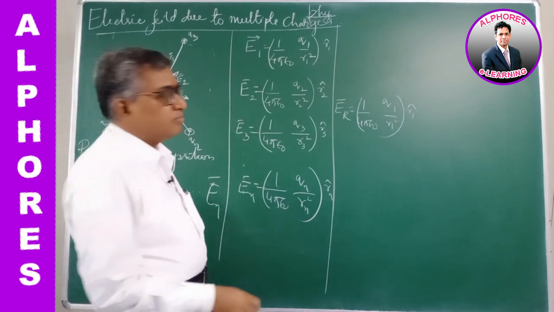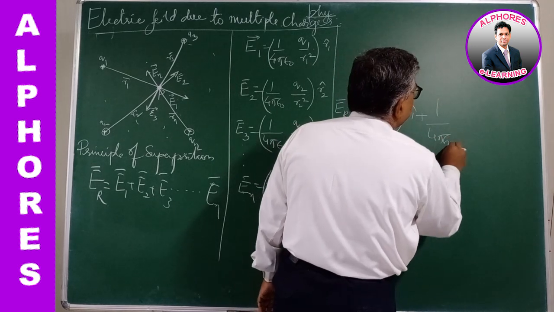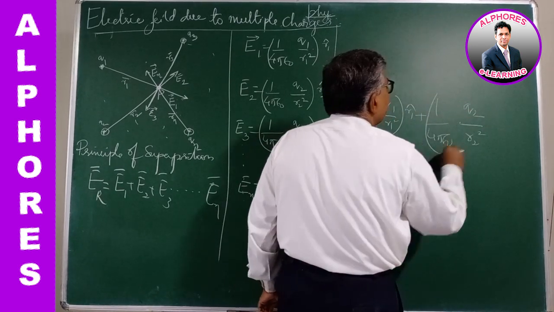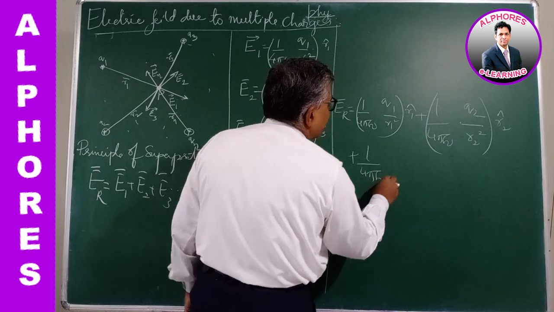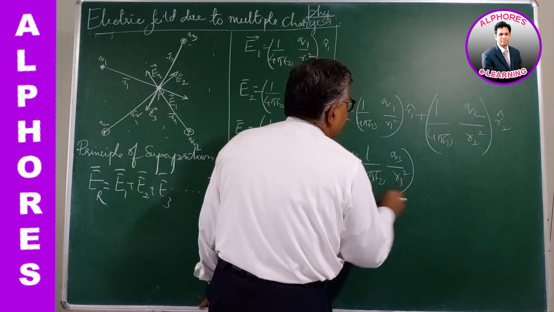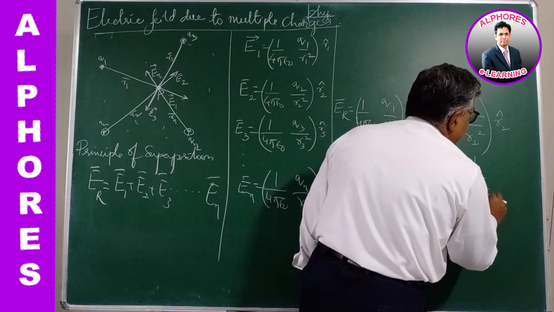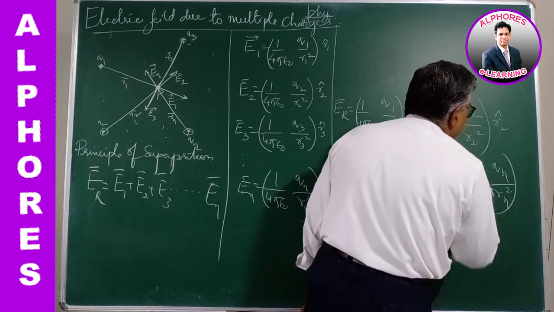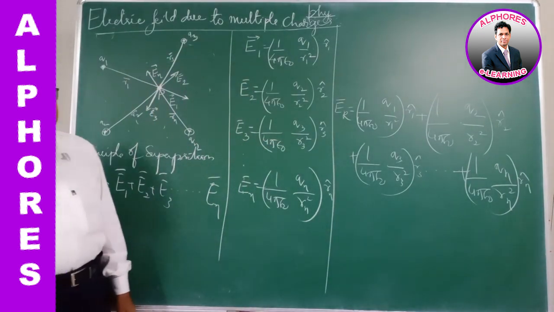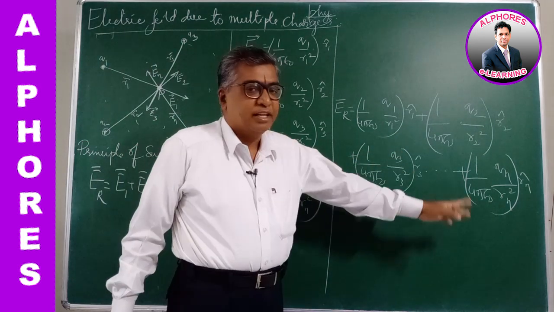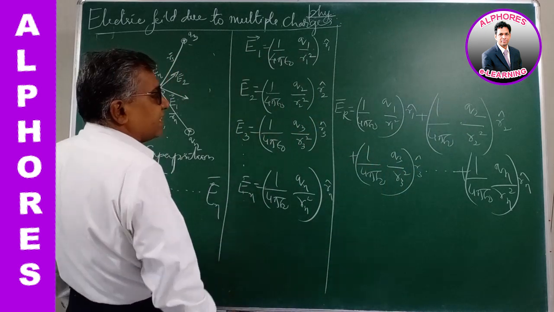Then plus the second one, E2 bar, 1 by 4 pi epsilon naught Q2 by R2 square times R2 cap, plus E3 bar, 1 by 4 pi epsilon naught Q3 by R3 square times R3 cap, up to the nth one, 1 by 4 pi epsilon naught Qn by Rn square times Rn cap. So the resultant electric field strength is the vector sum of all the individual electric field strengths, taking all the fields simultaneously at this point.